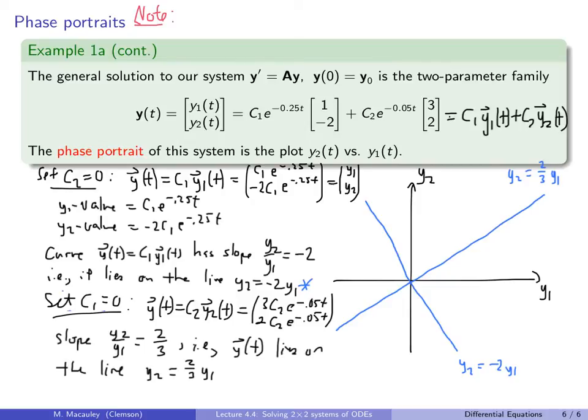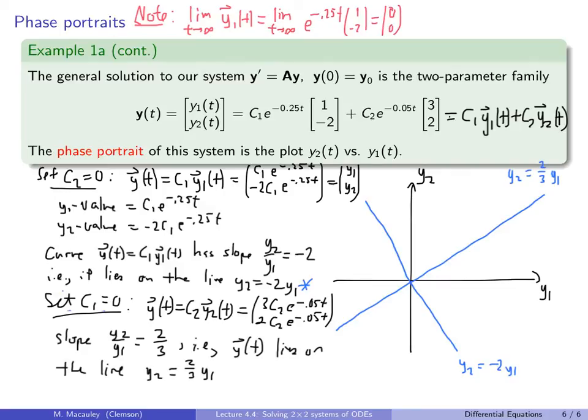So note that if I take the limit as t goes to infinity of y1 of t, that's the limit as t goes to infinity of e to the negative 0.25t times the vector 1, negative 2. I'm going to get the vector 0, 0.